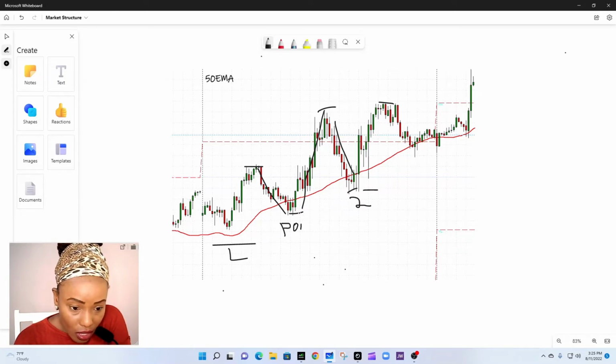For example, if you look at this first point of interest here, there are like three candles that have opened and closed below the EMA, but the fourth candle here pushed the price back inside the EMA.